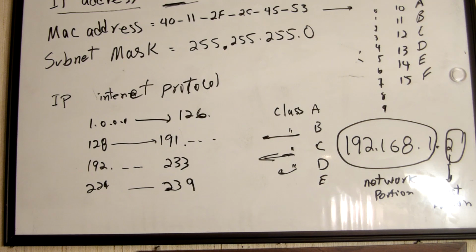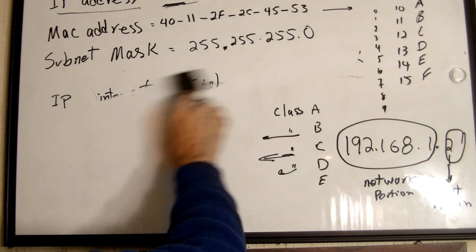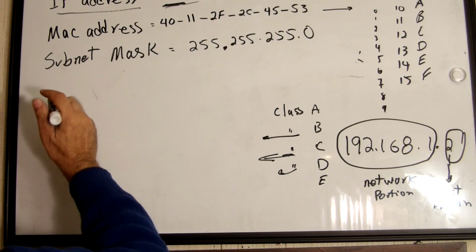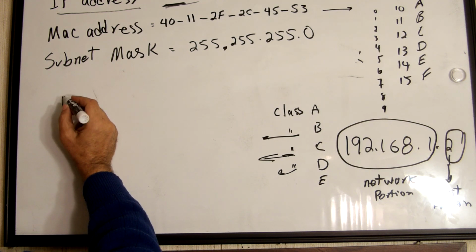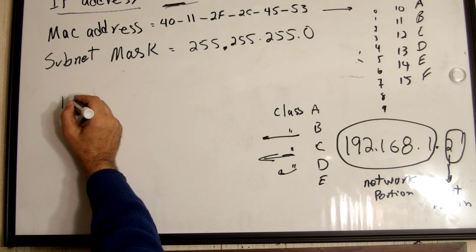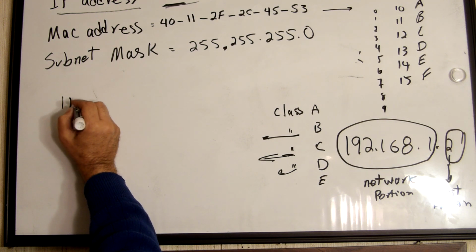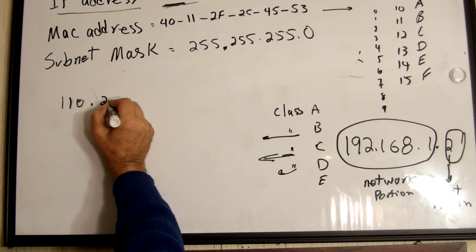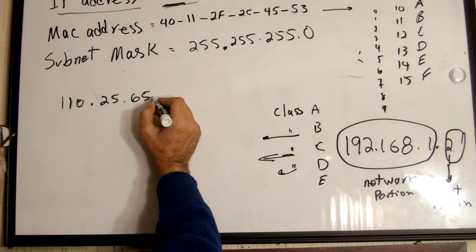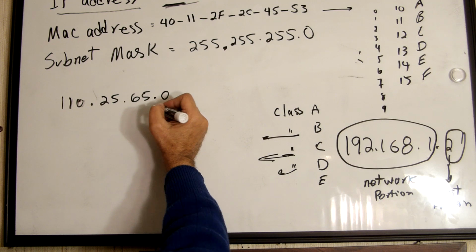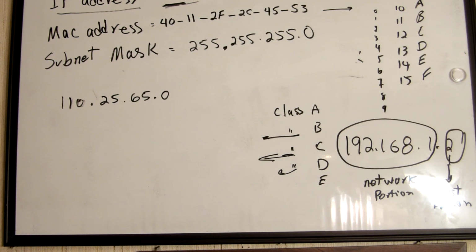For class A, I'll give you an example: 110.225.65. This is just an example.